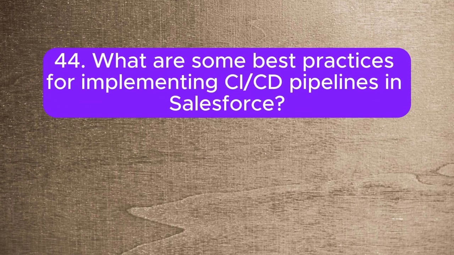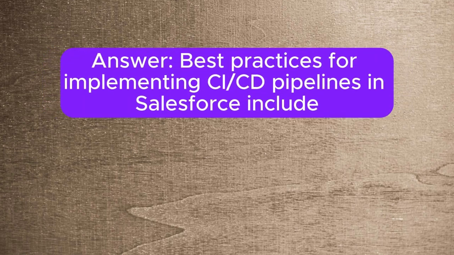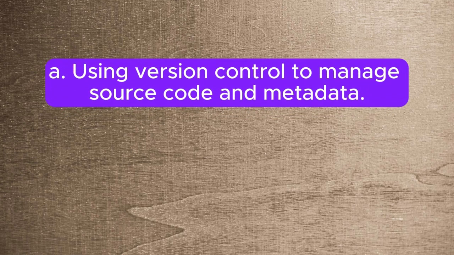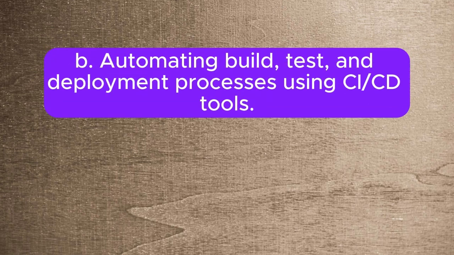44. What are some best practices for implementing CI/CD pipelines in Salesforce? Answer: Best practices for implementing CI/CD pipelines in Salesforce include: A. Using version control to manage source code and metadata. B. Automating build, test, and deployment processes using CI/CD tools.